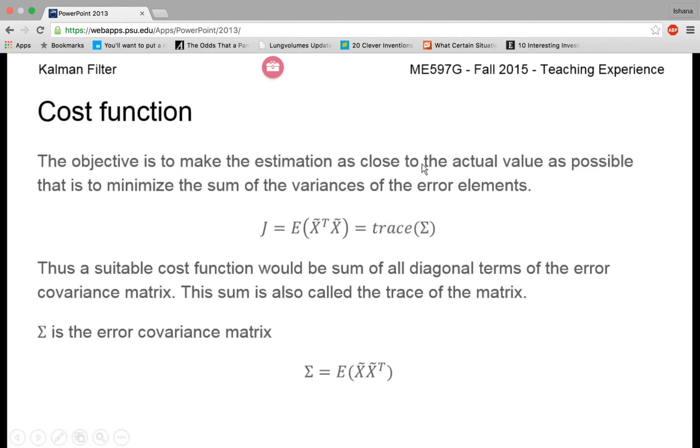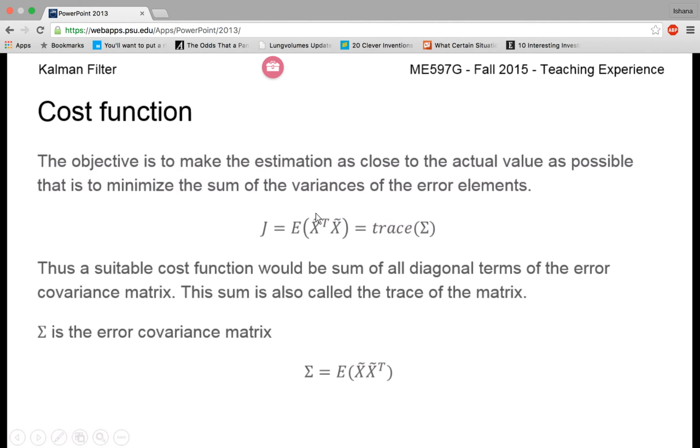So we want to minimize the variation in the error. We want the error to basically be equal to zero, we want the distribution to be focused mostly on zero, and hence we want to reduce the variance.